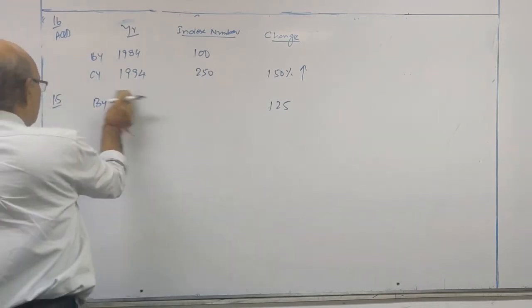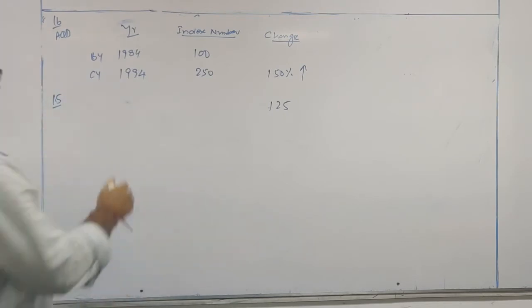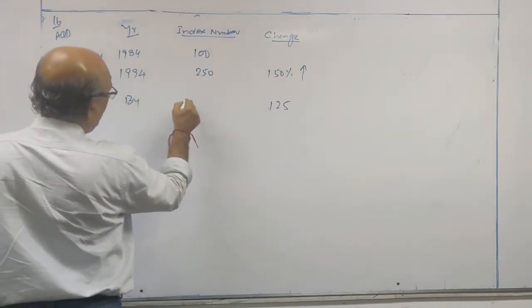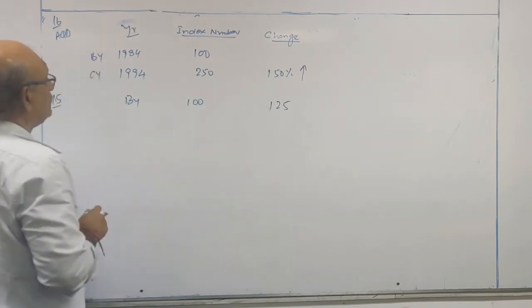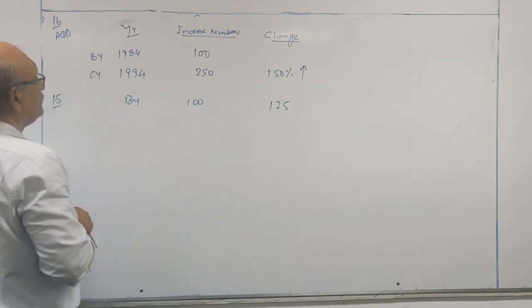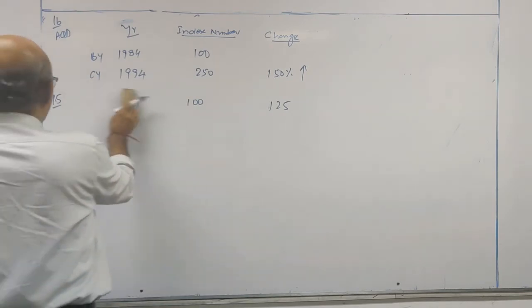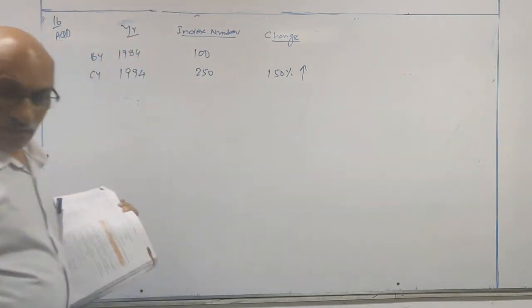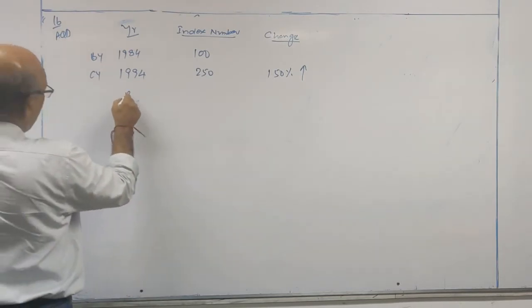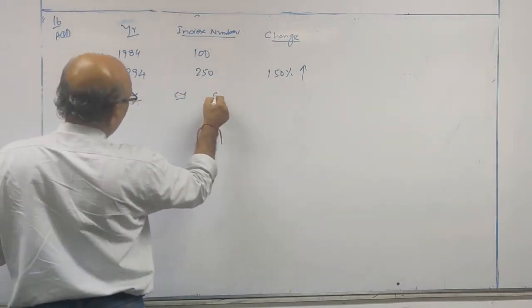So I read this one line this way: base year, current year, change.